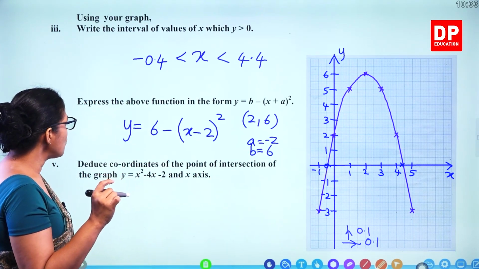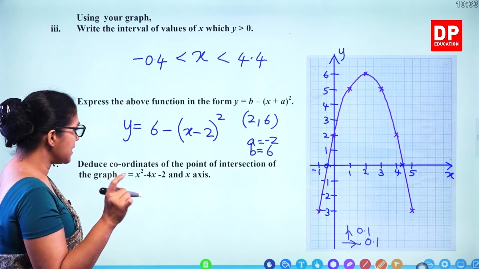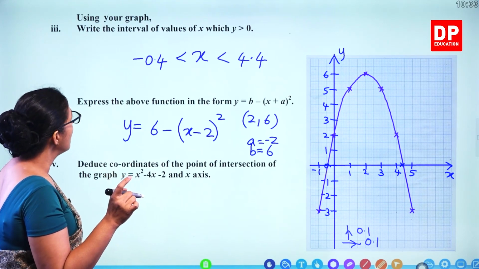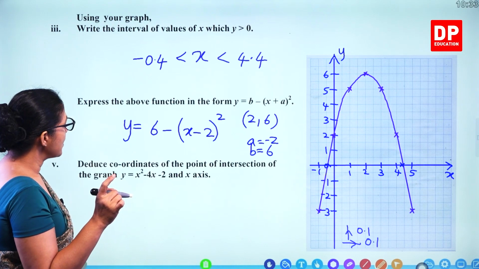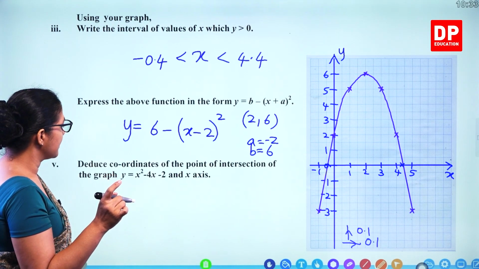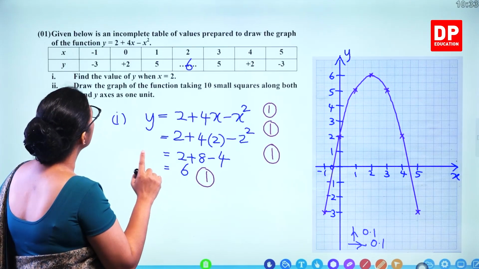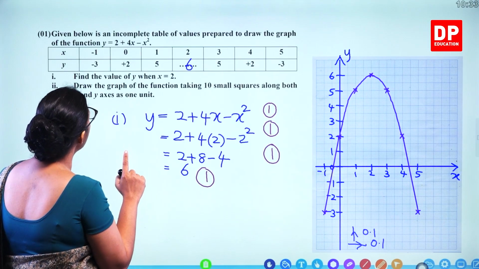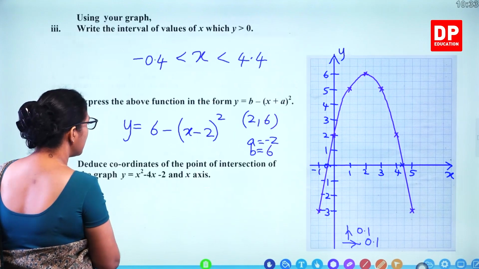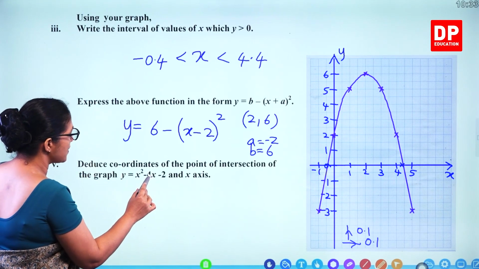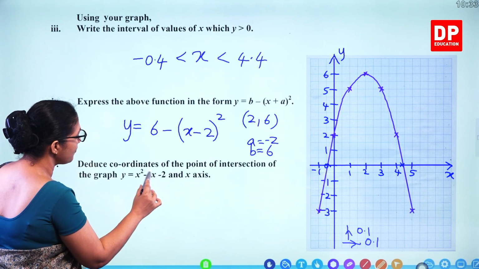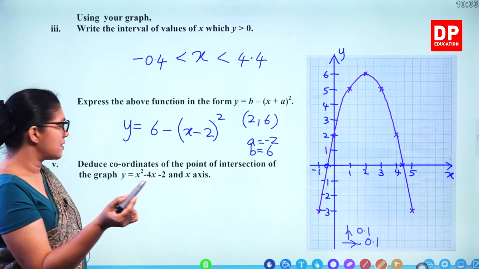Next one, deduce coordinates of the point of intersection of the graph x squared minus 4x minus 2 and x-axis. What is the graph we drew? 2 plus 4x minus x squared. 2 plus 4x. So that means opposite sign.